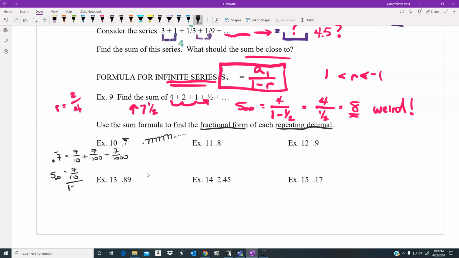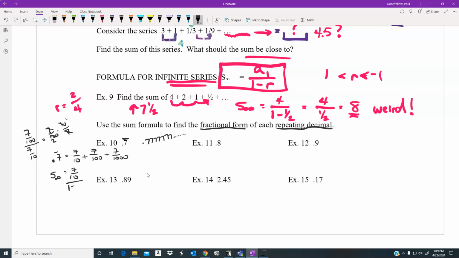Well, it would be the second term divided by the first term. So 7/100ths divided by 7/10ths would end up being, you flip it over, 7/100 times 10/7, and I'd cross cancel, and that one would be 1, this would be 2. Holy moly, it's 1/2. Or half?